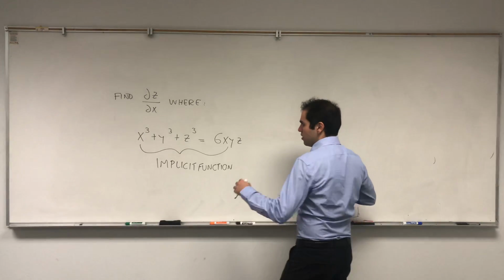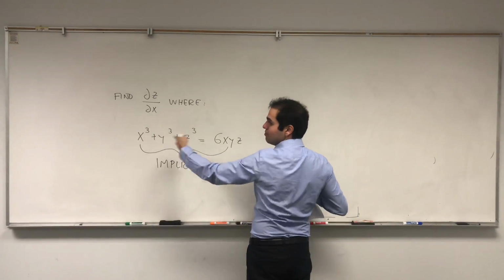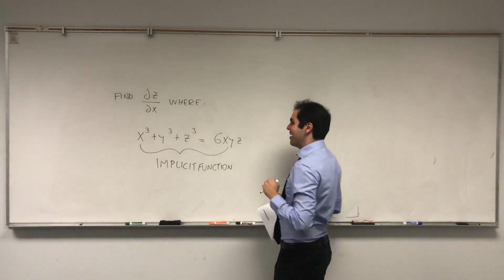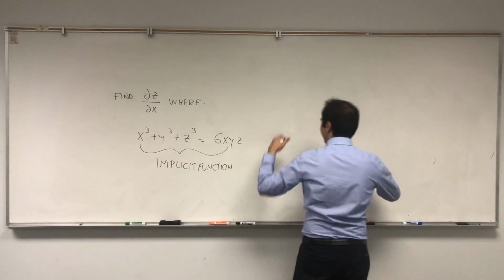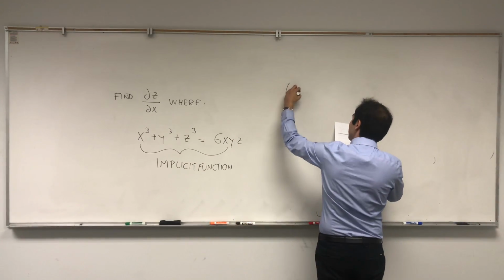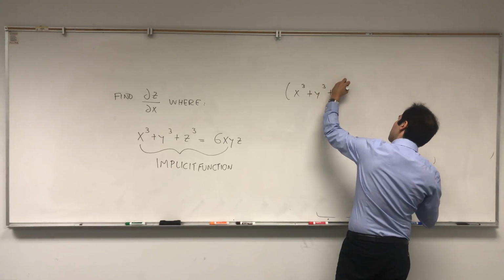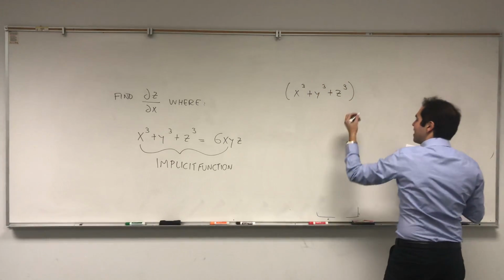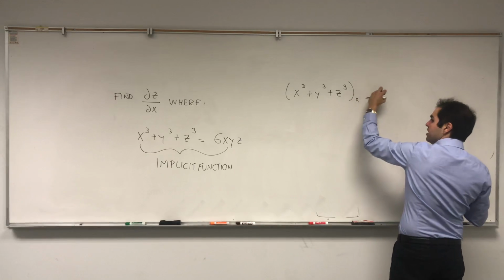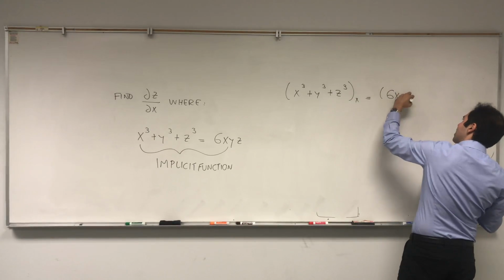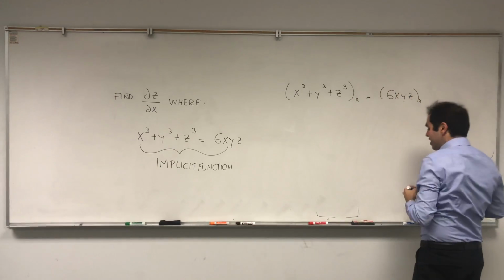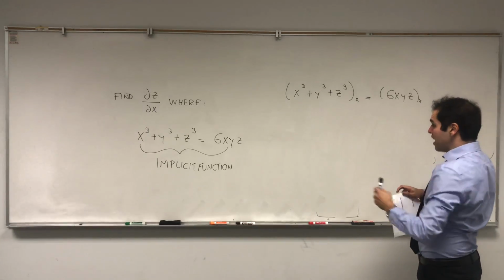So the direct method is what I call the Nike method, because you just do it. So just differentiate this with respect to x. So x cubed plus y cubed plus z cubed with respect to x equals 6xyz with respect to x. And now you just have to be careful.